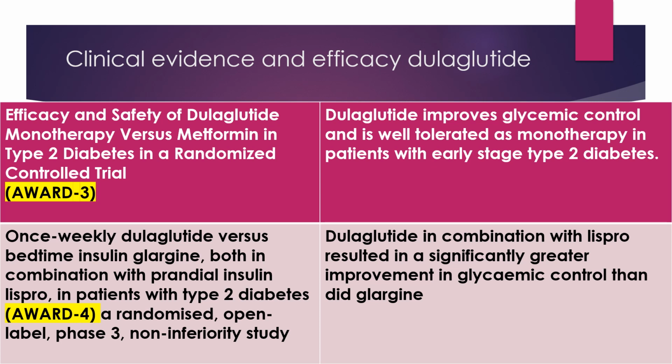With insulin glargine, hemoglobin A1C was reduced by 1.41%. Regarding weight reduction, body weight did not significantly exceed that at baseline in the dulaglutide 1.5 mg group, while a common side effect of insulin glargine was weight gain.